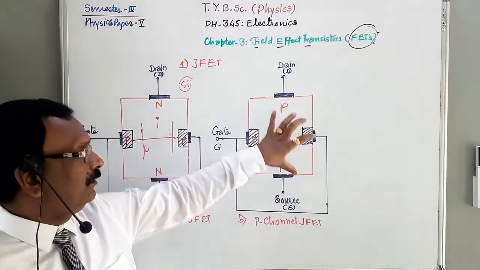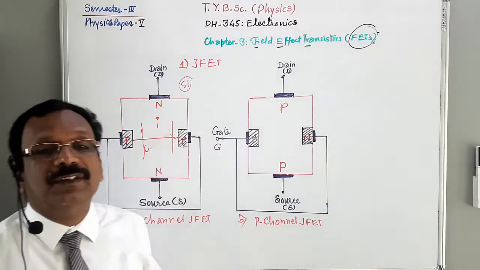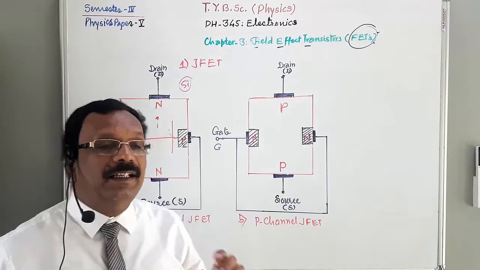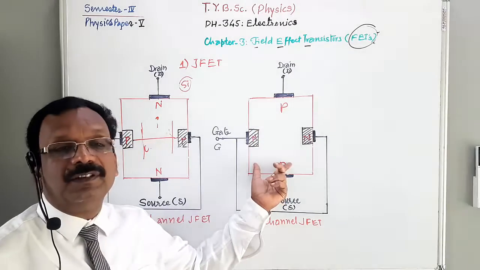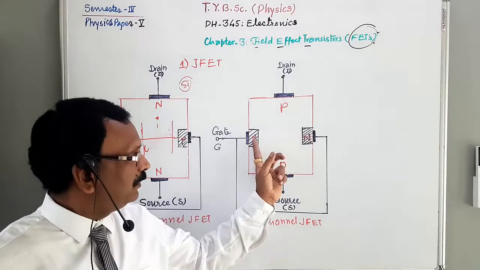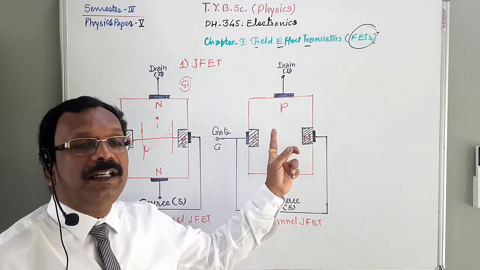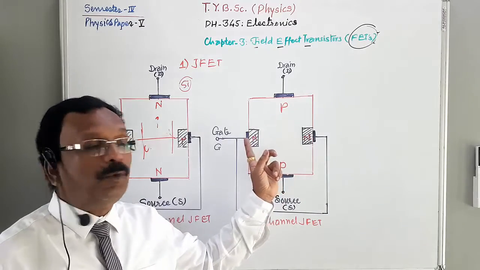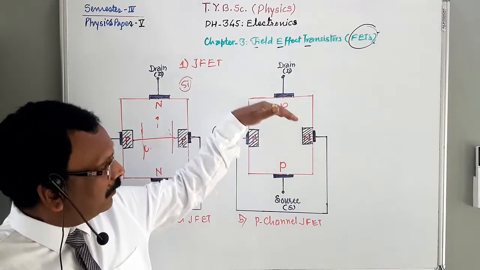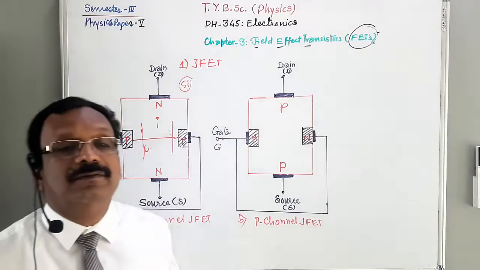Its construction is similar to that of N channel JFET, except that it consists of P type silicon bar with two N heavily doped regions, this one and this one, diffused on opposite sides of the channel and exactly at the middle position.